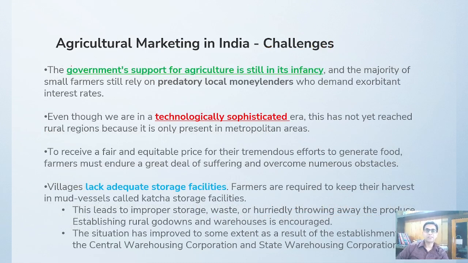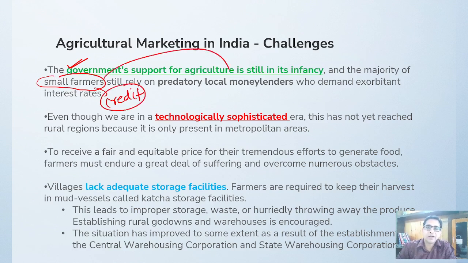Even the government support is still at a very nascent stage, in its infancy, because if the government support was proper, then money lenders should not have risen. Right now also, small farmers, for their credit need, are still dependent on the local money lender, right?